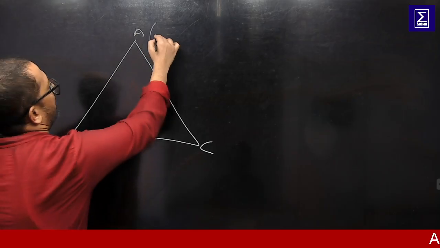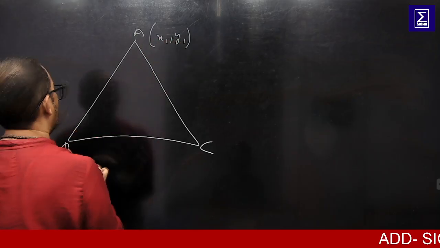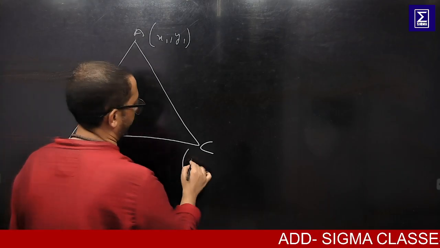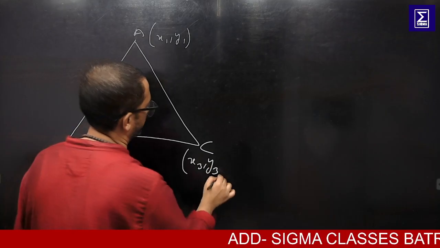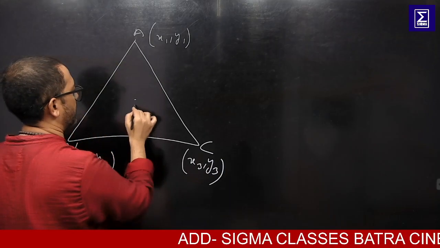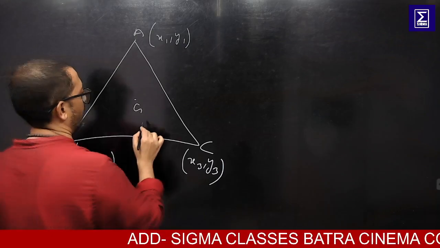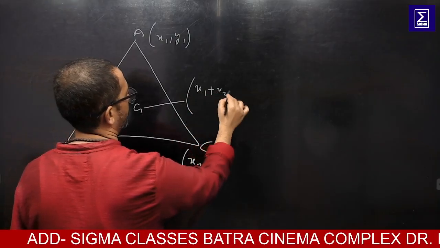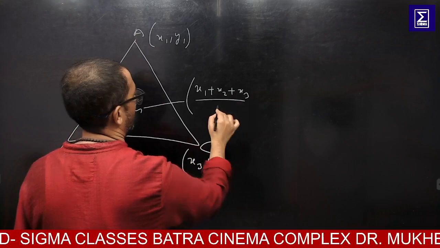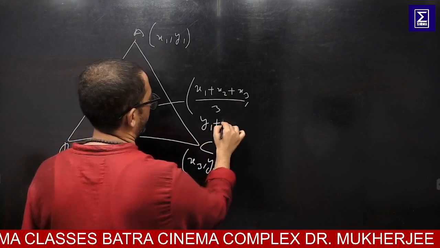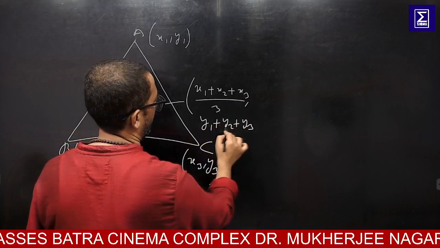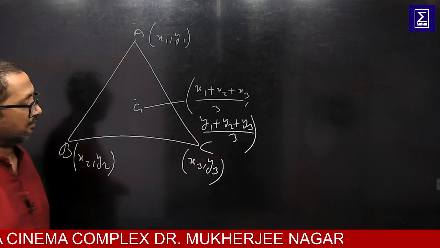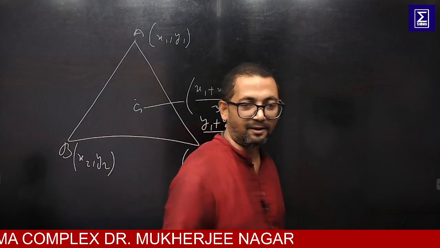A is (x1, y1), B is (x2, y2), and C is (x3, y3). G is the centroid. So the coordinate of G would be (x1 plus x2 plus x3) by 3 and (y1 plus y2 plus y3) by 3. This is very easy, and that's why everybody remembers this one.